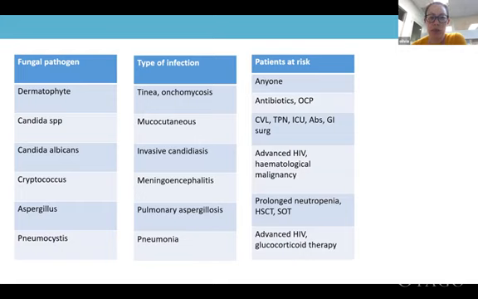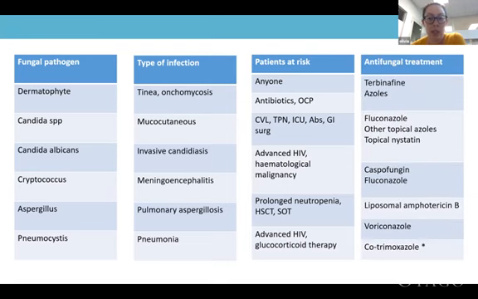And the last column was treatment, which I'll just pull up here. So dermatophytes, typically terbinafine, drug of choice, can use azoles. Candida species, usually you want to use fluconazole. Other topical azoles are fine as well, or you can use topical nystatin.